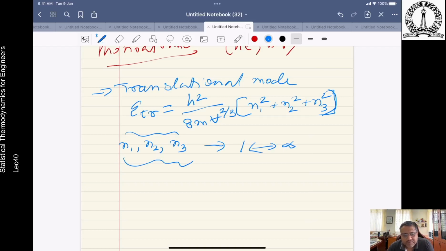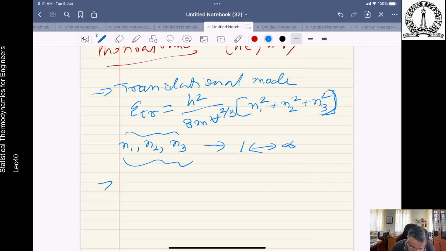Okay. So the contribution to the thermodynamic properties from any independent energy mode can be ascertained by determining its contribution to the partition function. Partition functions can be evaluated most directly by summing over the states rather than the levels.